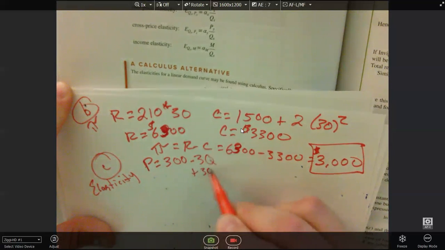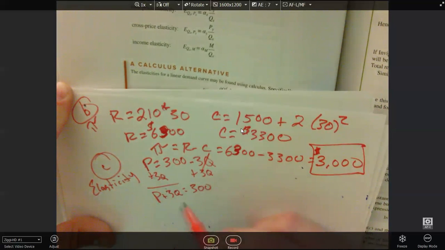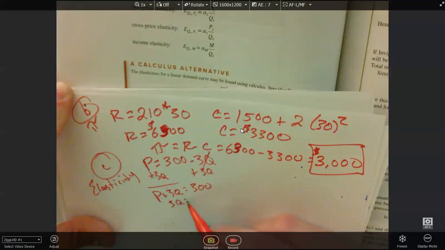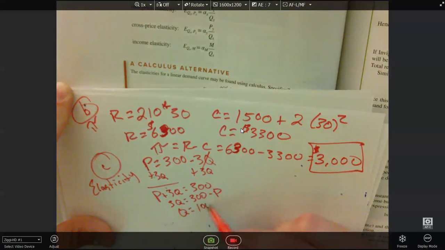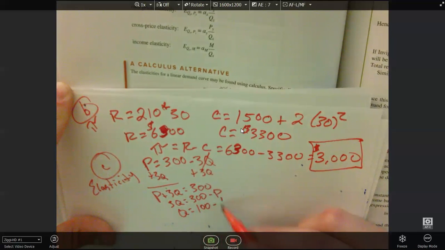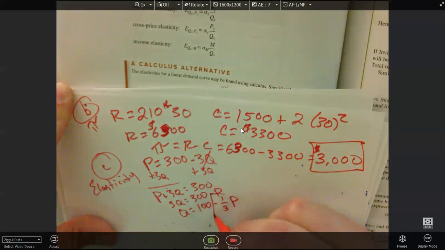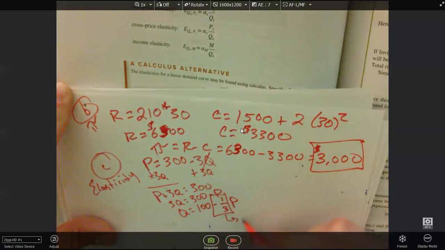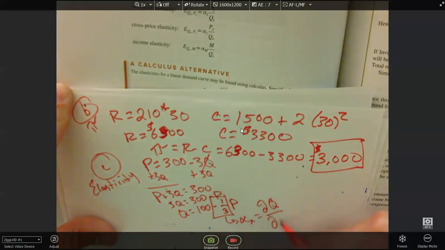So we're going to add 3Q. We end up with P plus 3Q is equal to 300. We're going to subtract P from both sides. We get Q equal to 100 minus 1/3 P. And so this minus 1/3 is our alpha x, our partial derivative with respect to P.